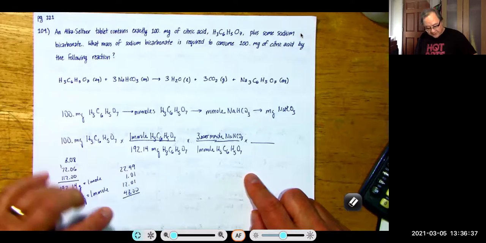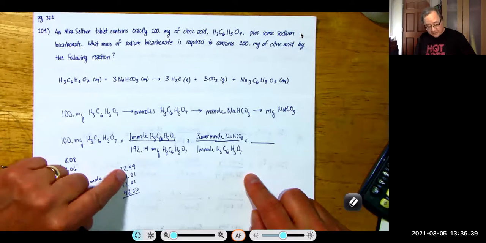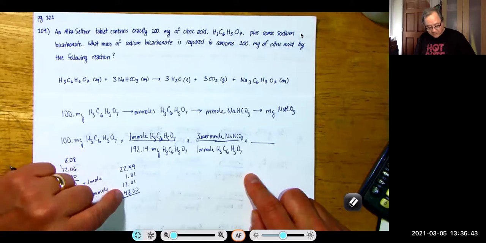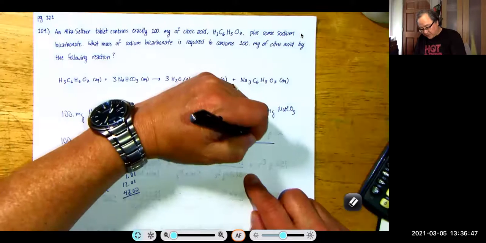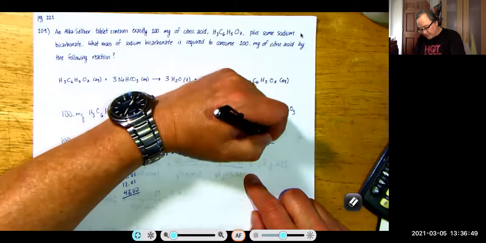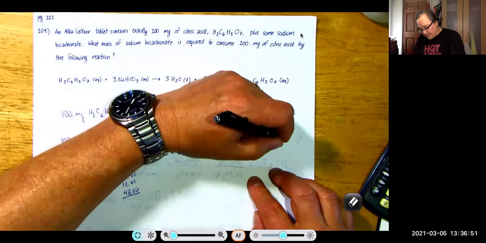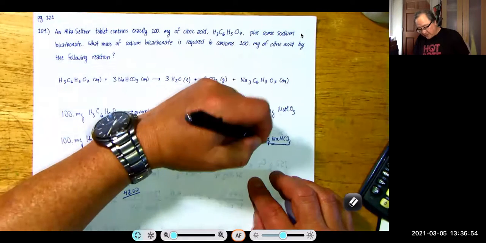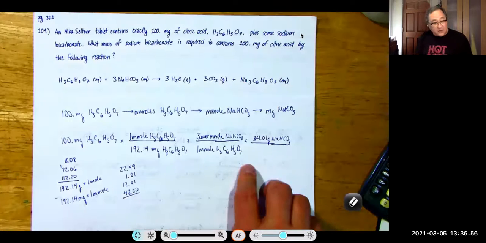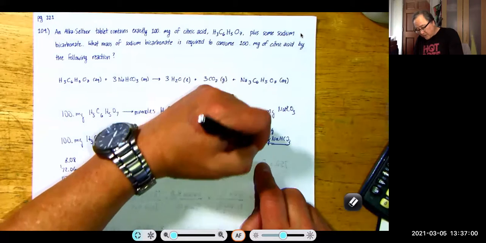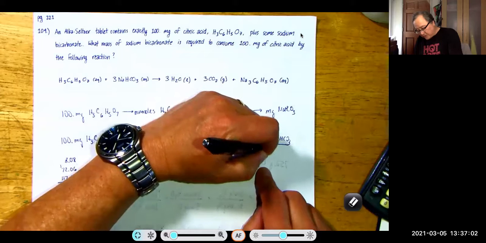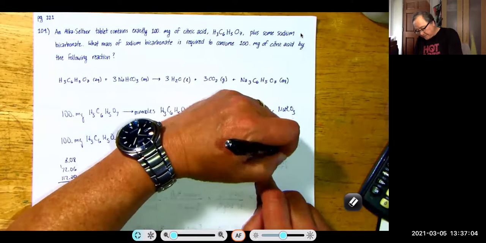So we know that's 60.01. Add these two together and you get 24. So 24 plus 60 is 84. 84.01 grams of sodium bicarbonate. And here I made a mistake. I don't want grams, I want milligrams per 1 millimole of sodium bicarbonate.